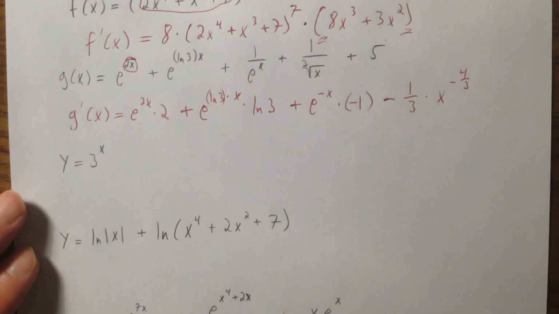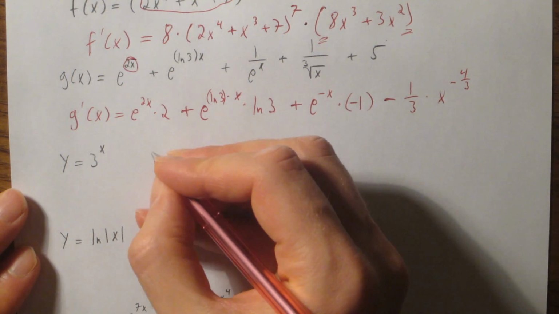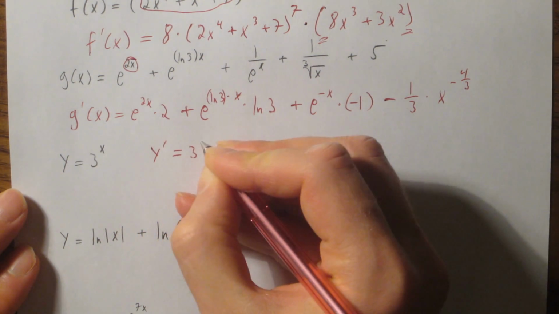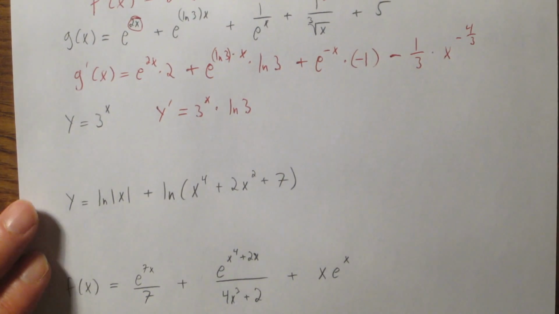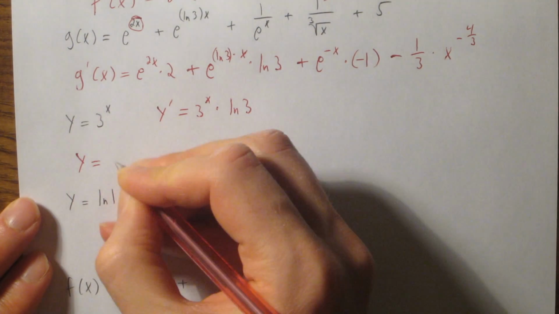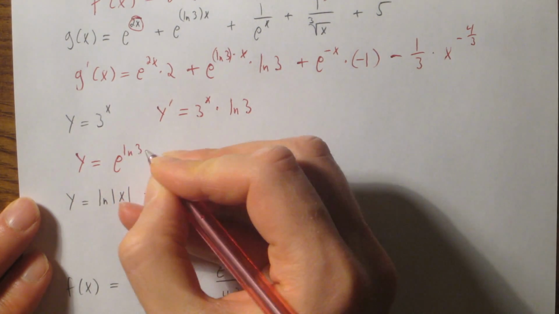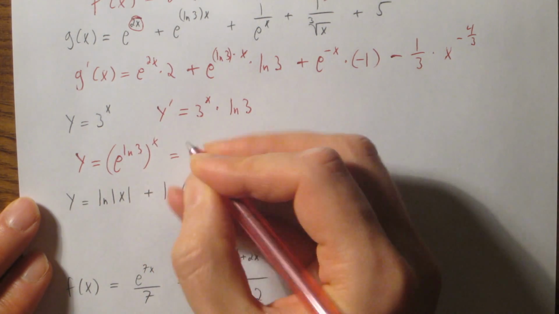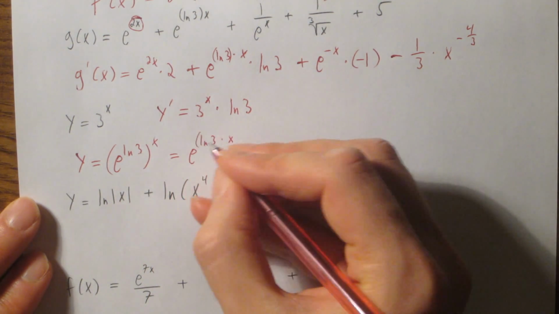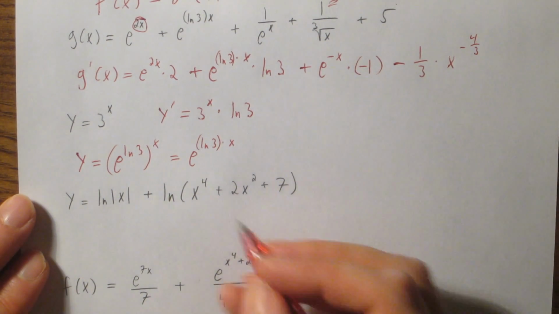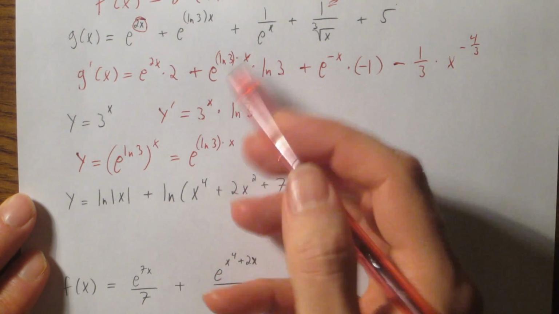To differentiate 3 to the power of x, you can cheat, so to speak, and use the formula booklet. Or more systematically, you can rewrite your function so that it has a base e. Now we use this as up there.